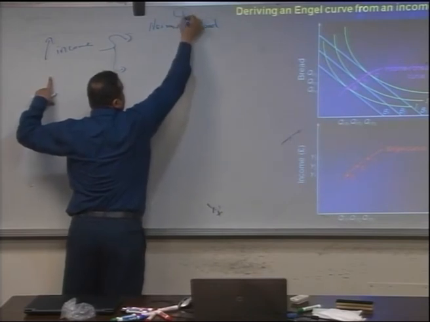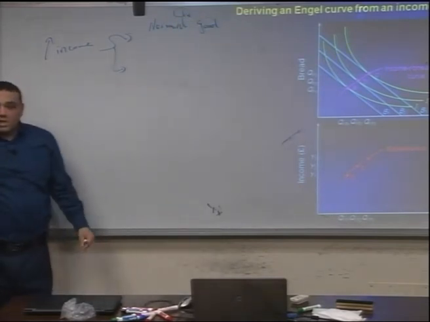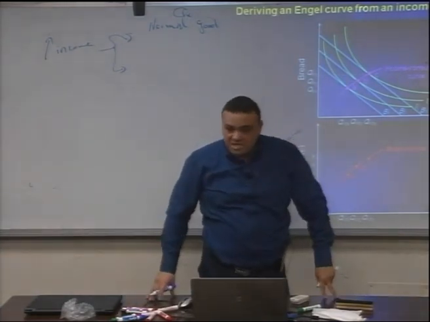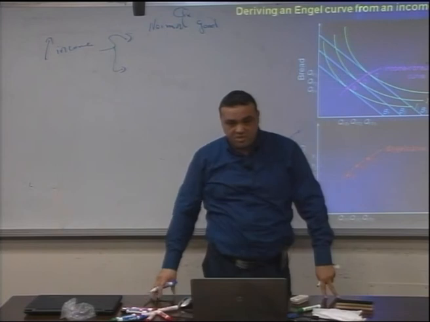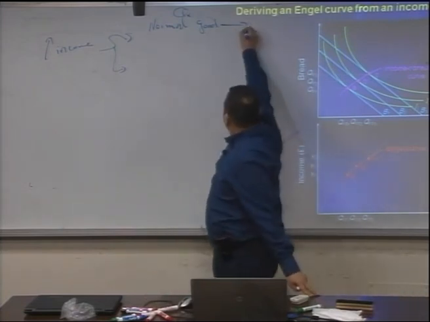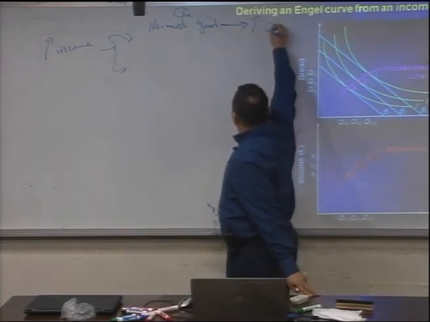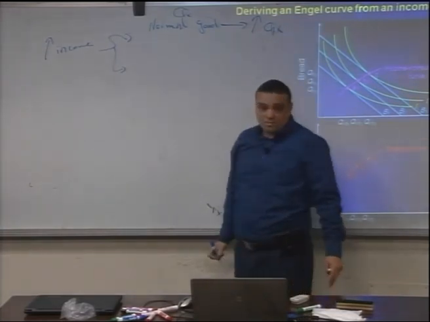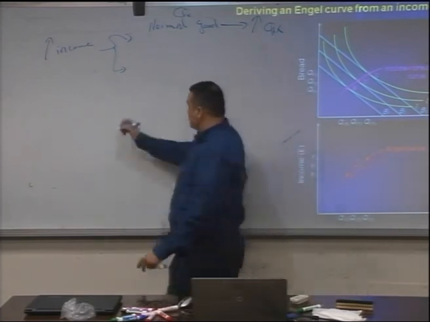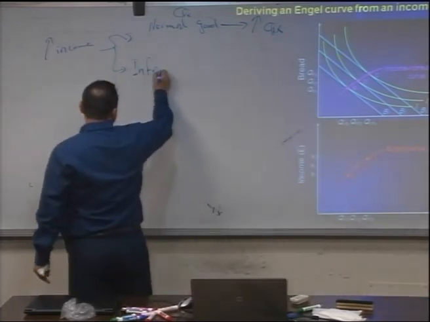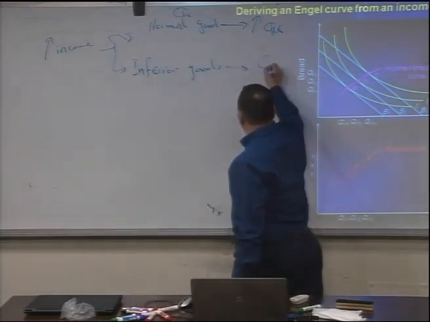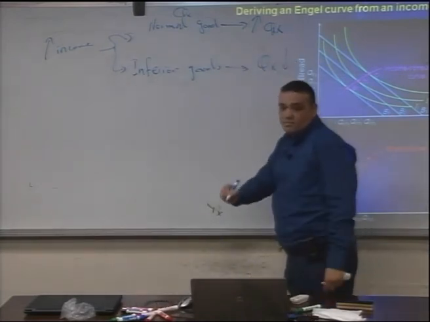So the demand, or the quantity demanded of X, will increase, like the demand for fresh meat. This leads to an increase in the quantity demanded of X. But for inferior goods, the quantity of X goes down.